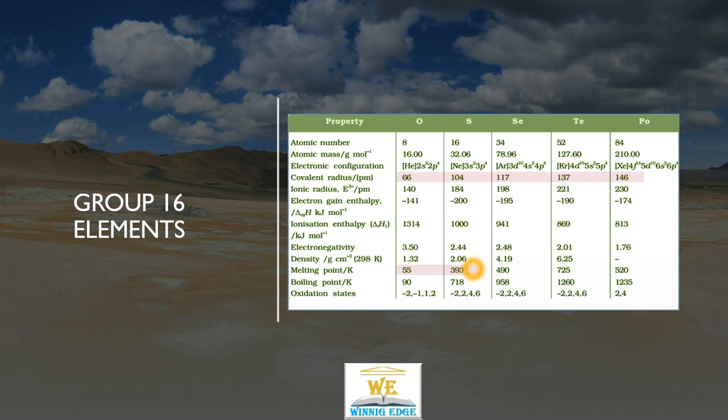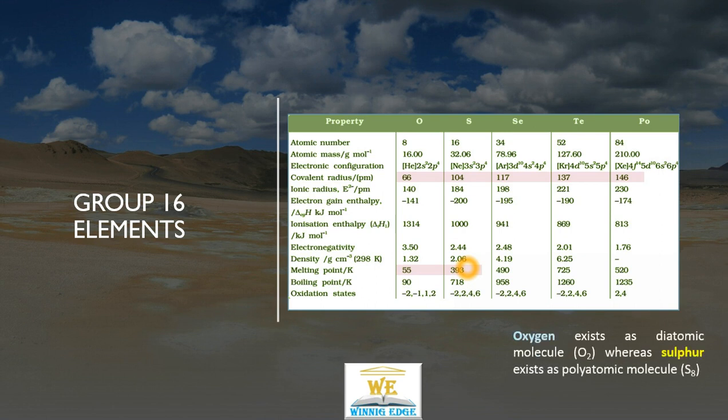So why does such a difference exist? Because oxygen exists as a diatomic molecule, O2, but sulfur exists as polyatomic S8 crown rings. Because of these polyatomic structures, they have higher melting points.